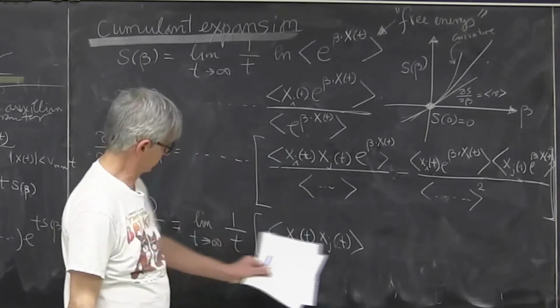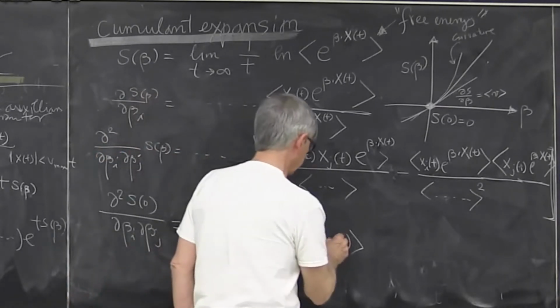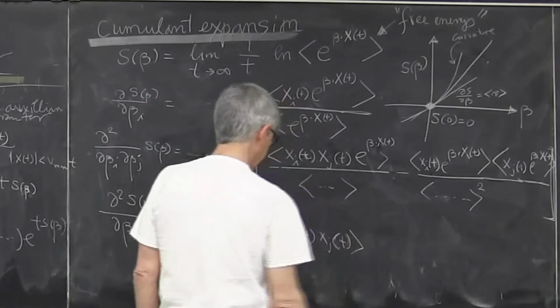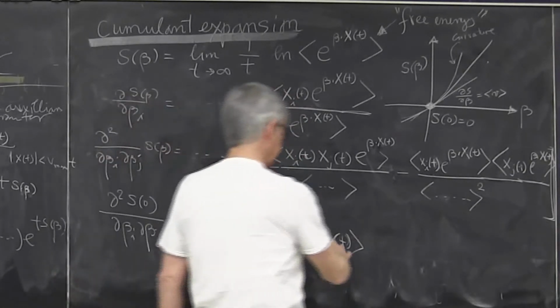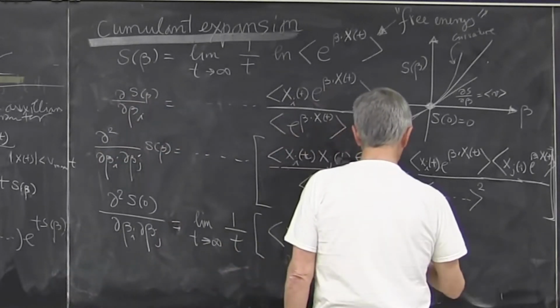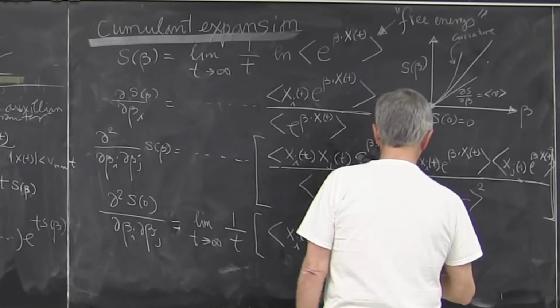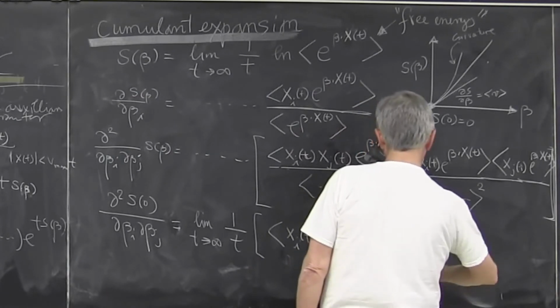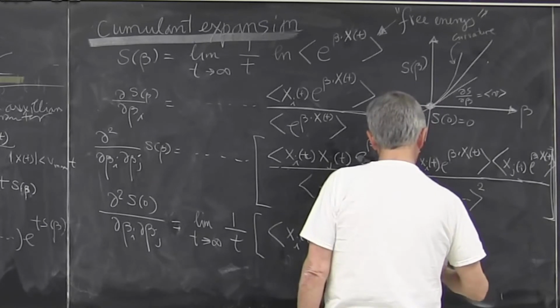So average value over whole space, how far I've gotten in time t, minus the expectation value of each one. So I can write it this way.